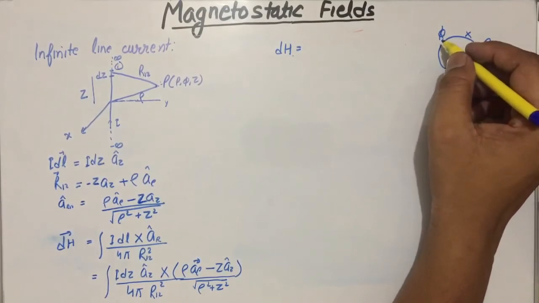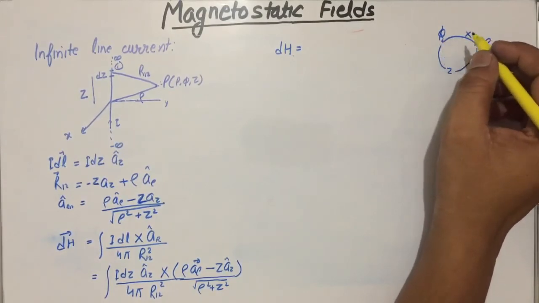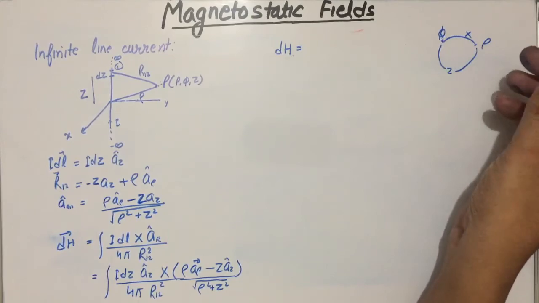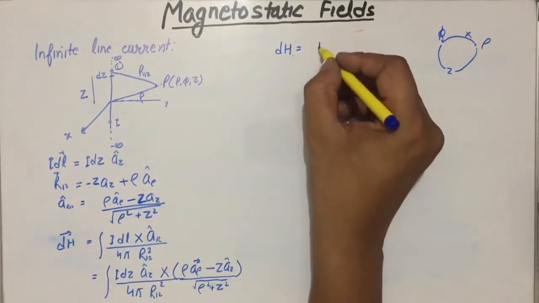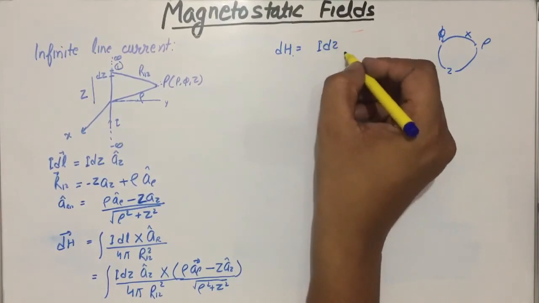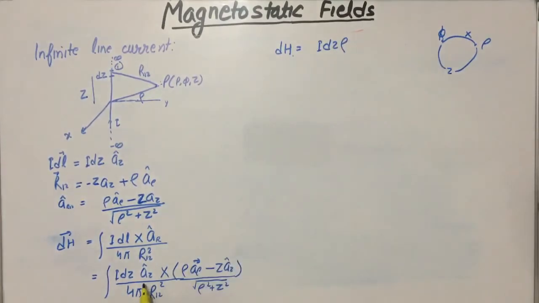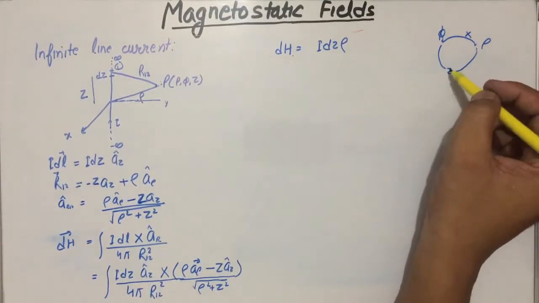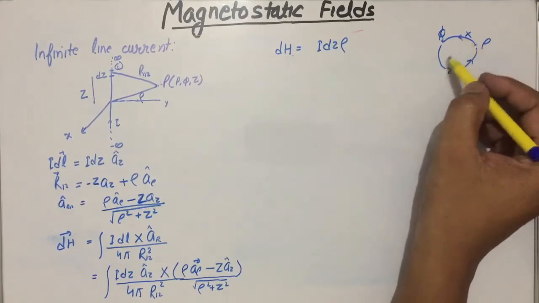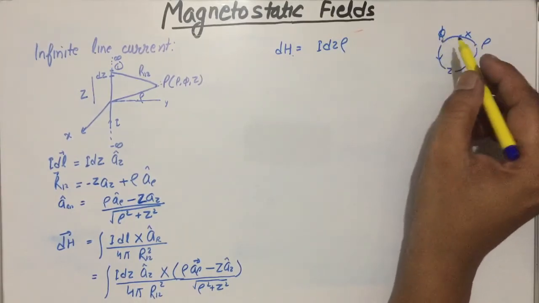We have studied this very well in unit 1. So we apply the same: IDZ rho, AZ cross arrow gives a phi.